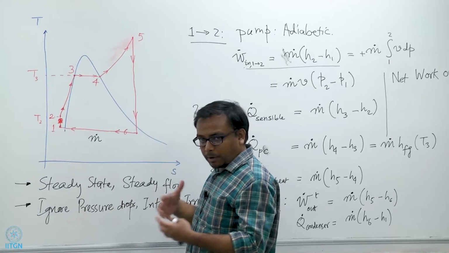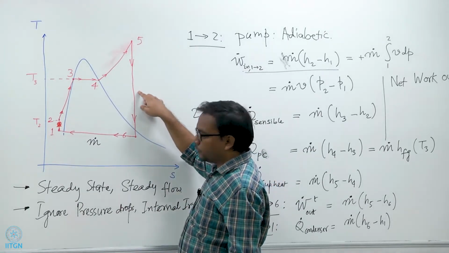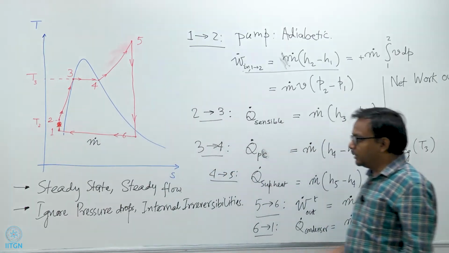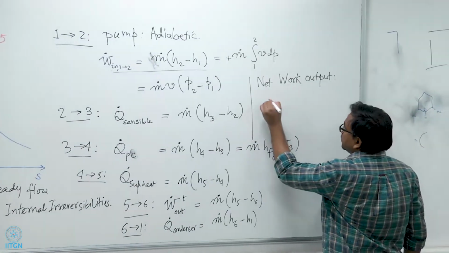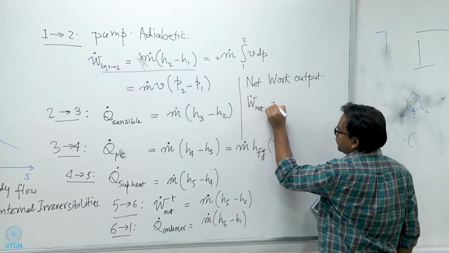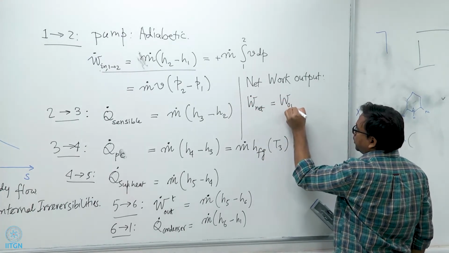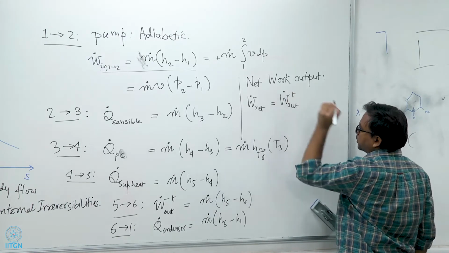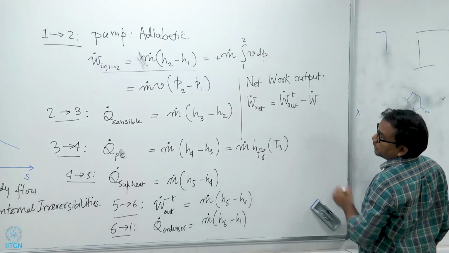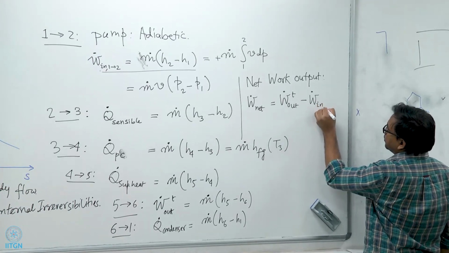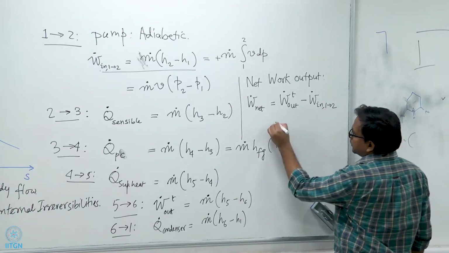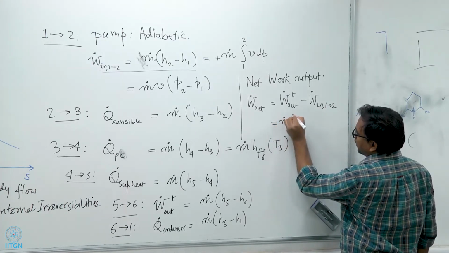So, the net power output will be the work output from the turbine minus the work input required for running the pump. So, W dot net will be equal to W dot turbine out minus W dot in for 1 to 2. This will be nothing but m dot.